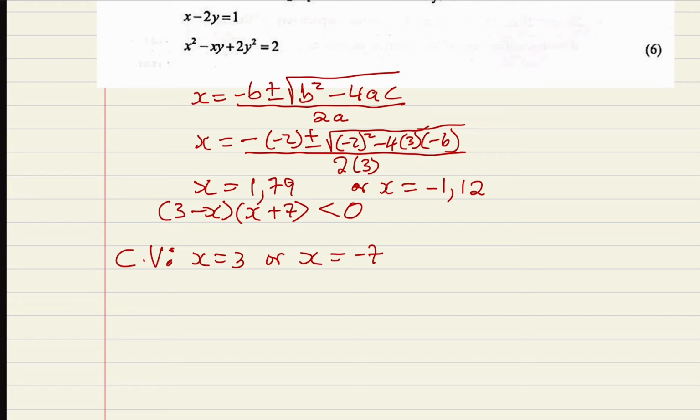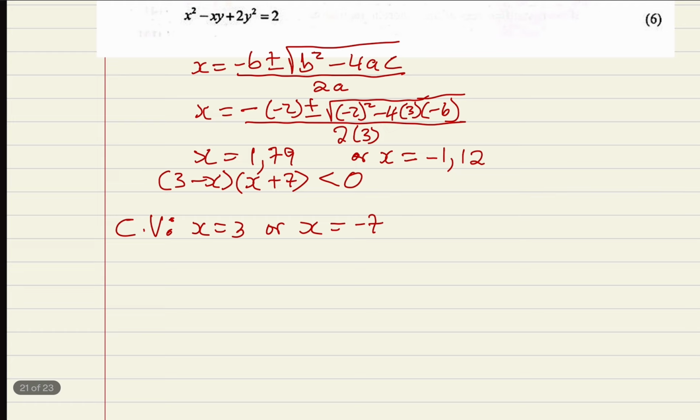Now remember, those are critical values. I always like that we draw a graph that is facing upwards. Here you will have negative 7 and here you will have 3.